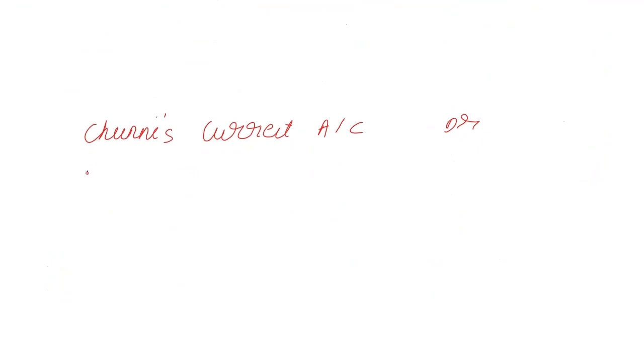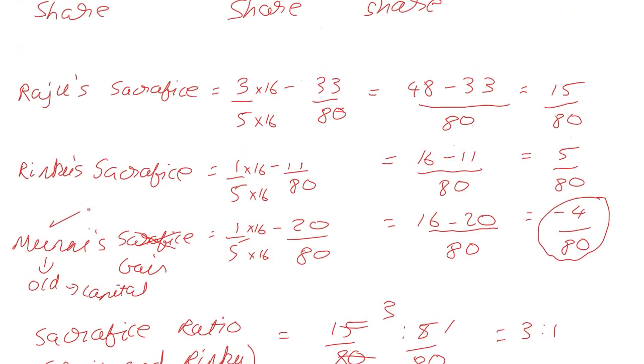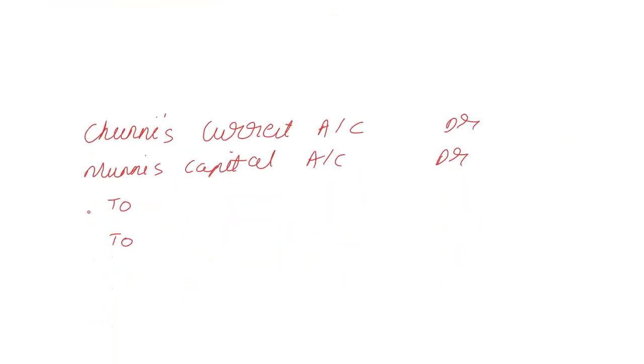Okay, so it is going to be Munni's capital account debit, and then we credit. Okay, we credit the remaining two partners. Okay, so Raju's capital account and Rinku's capital account.